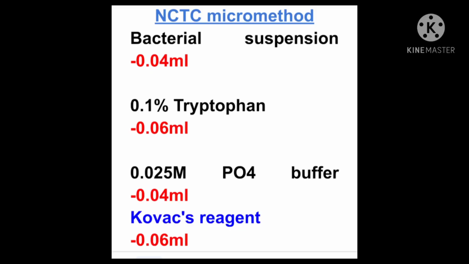Here we have to make a suspension of the bacteria, that is, make a heavy inoculum of the bacterium in distilled water, wash them and centrifuge them and then resuspend the bacteria in a small quantity of water and take 0.04 ml of the bacterial suspension, add 0.06 ml of 0.1% tryptophan and 0.04 ml of 0.25 molar phosphate buffer and maintain the pH at 6.8. So you can see all these values are in microliters.